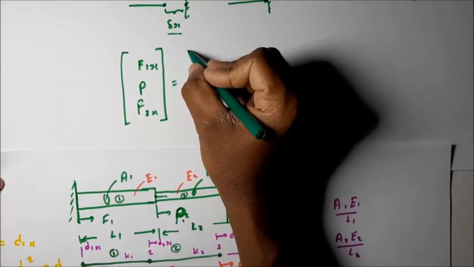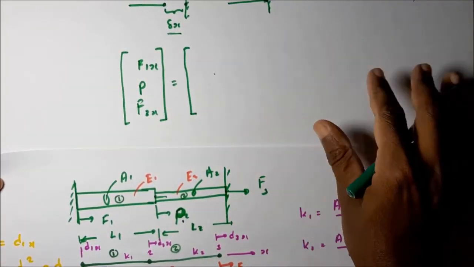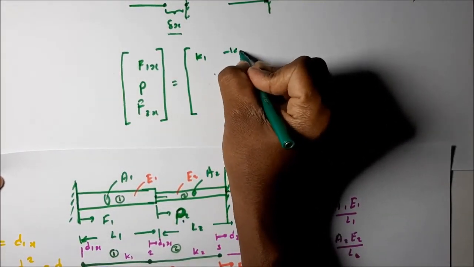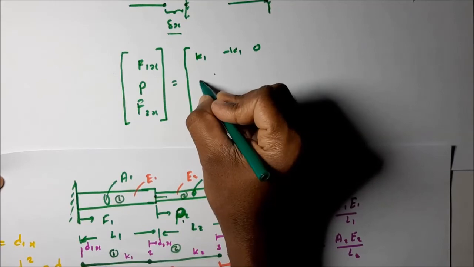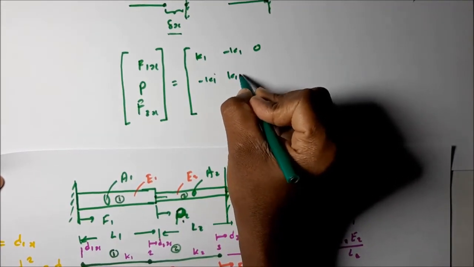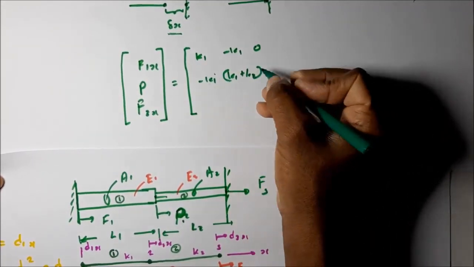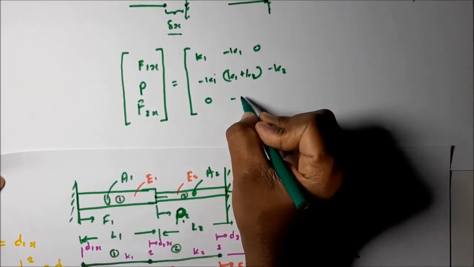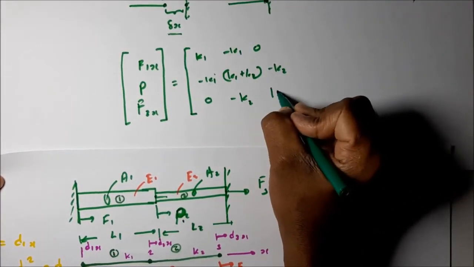Then the global stiffness matrix is k1, minus k1, 0; minus k1, k1 plus k2, minus k2; 0, minus k2, k2.